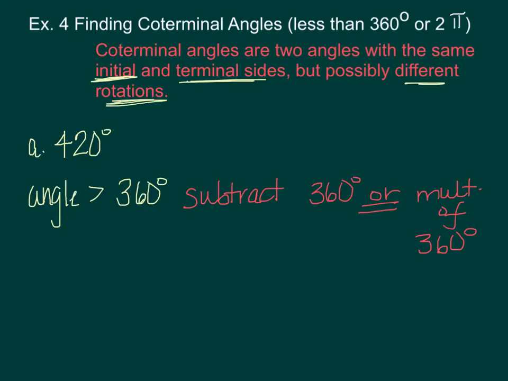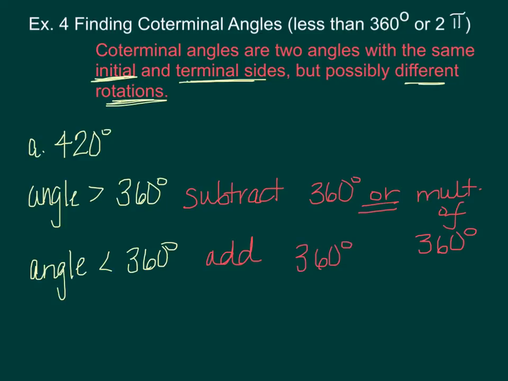If the angle is smaller than 360, you will add 360 or a multiple. When I say multiple, that means that you're doing it multiple times. And of course, if it's radians, you have to use 2 pi.